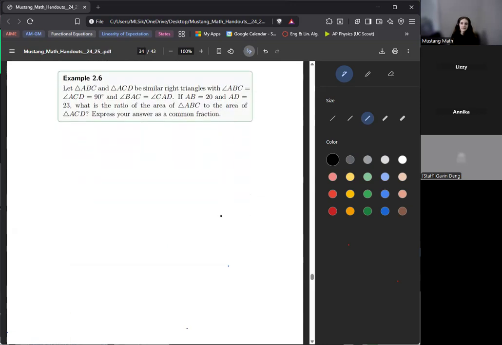Okay, so if we have ABC, where angle ABC is 90 degrees. They share A apparently, so let's draw this over here. We have ABC, where let's say A is here, B is there, C is there. We know B is our 90-degree angle.